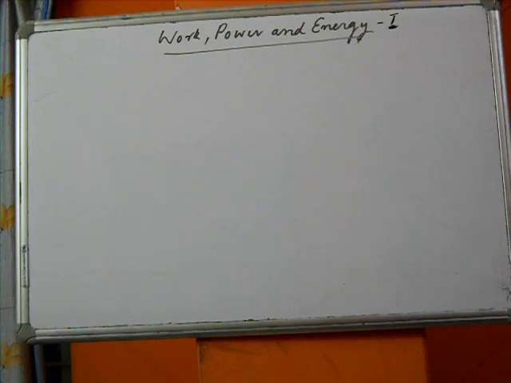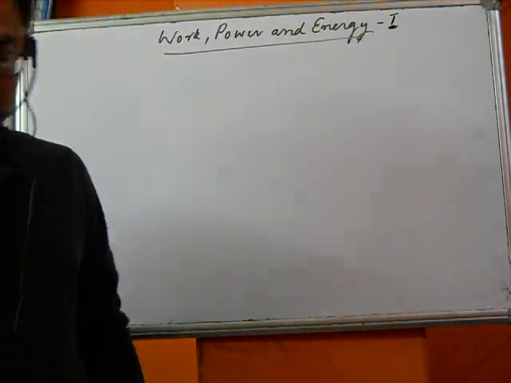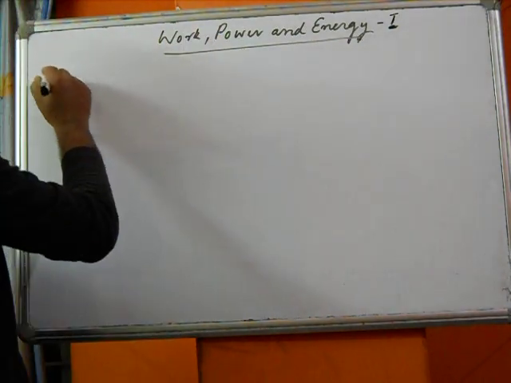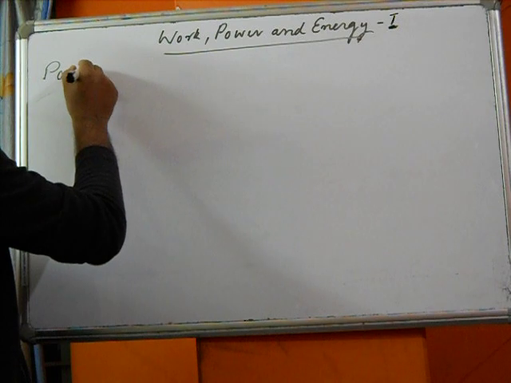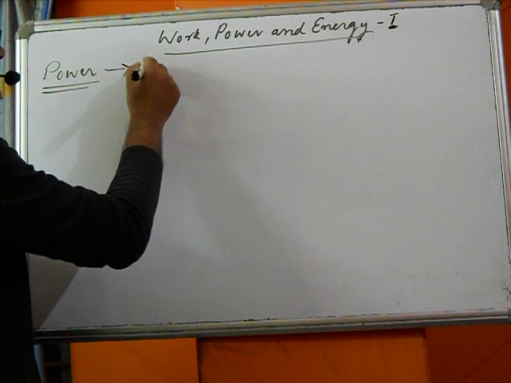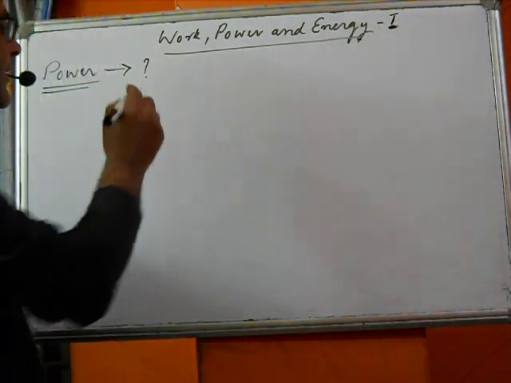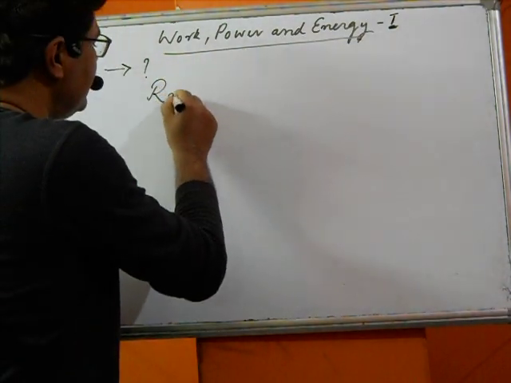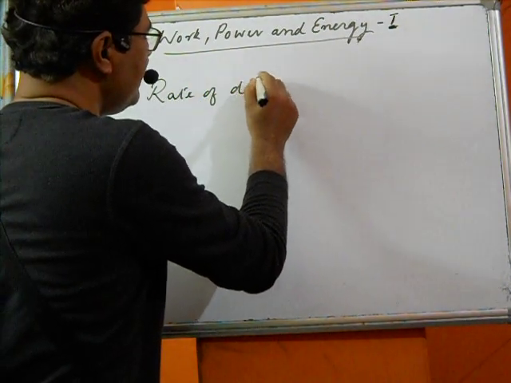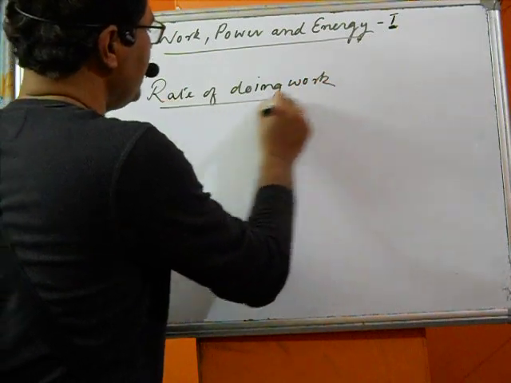So last time my discussion was regarding work. Today I would like to discuss power. What is power? Whenever we are discussing power, we say the rate of doing work is power.